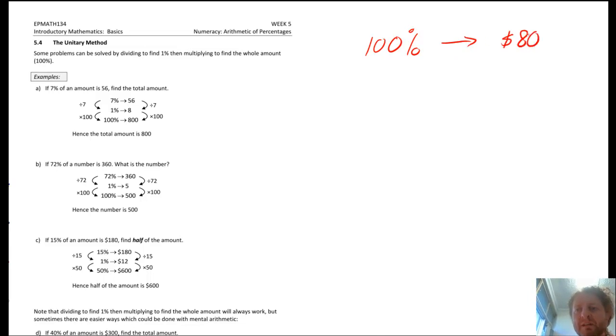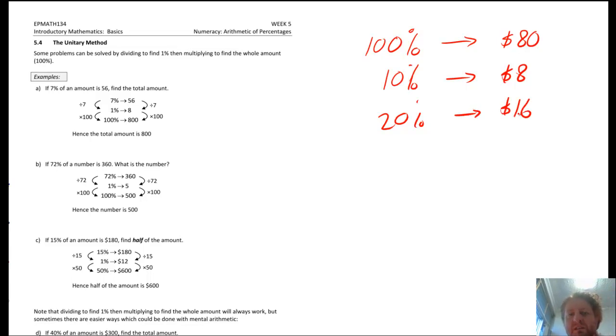I made up a price tag and I said, look, it's an $80 price tag, I want 20% off at this sale. What's that going to be worth to me? So I knew the full price, 100%, was $80. And I knew that 10% was easy to calculate, which was $8. And I said, hence, times by 2, 20% will be $16. Really, it was very similar to this unitary method.